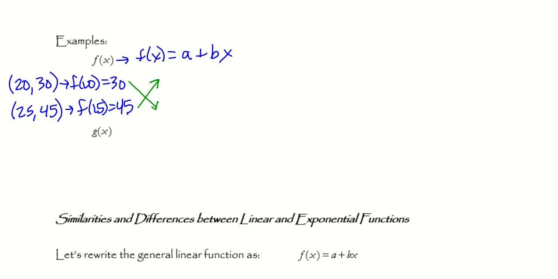So I'm going to take this second point and plug it in. For f of x, I'm going to plug what f of x equals, which is 45. That equals a, which I don't know, plus b, which again, I don't know, right? I need to know what a and b are, and I don't. But I do have a value for x because I know that f of 25 equals 45. So my 25 goes there.